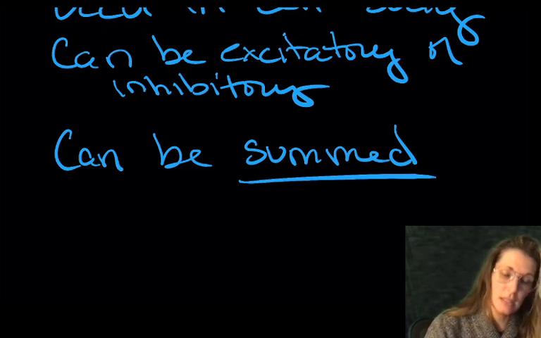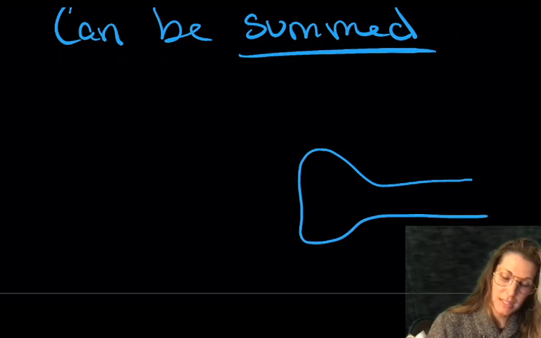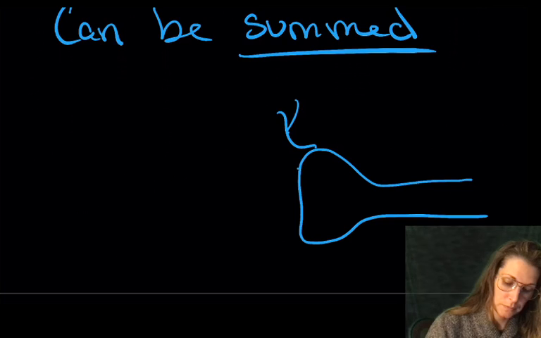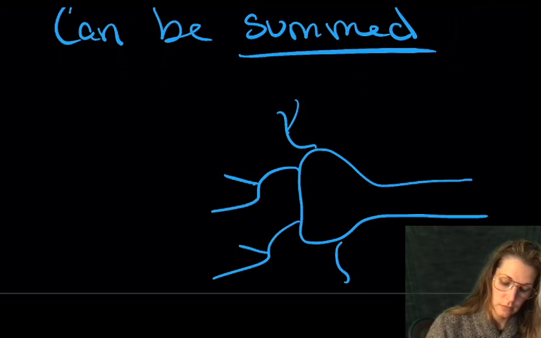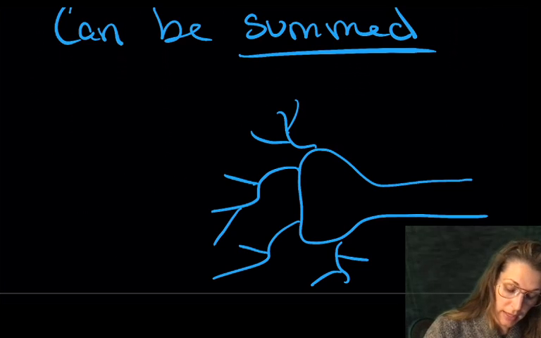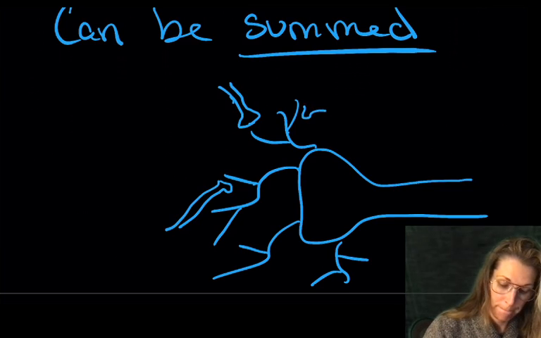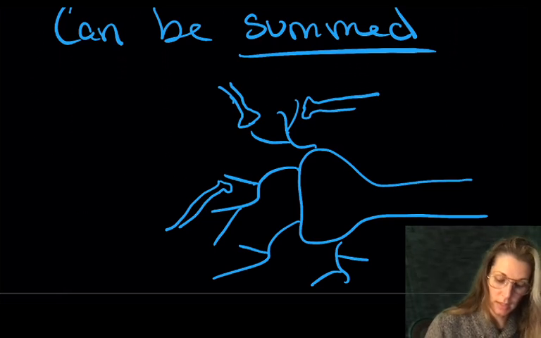So what that means is, if we're looking at a neuron that's receiving these signals, it's likely connecting with many other neurons. So we probably have multiple other neurons coming and quote unquote talking to this neuron. It's a complex network.